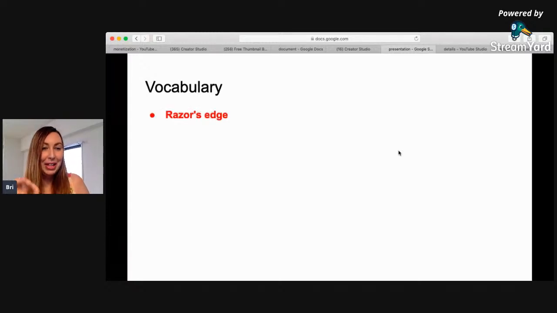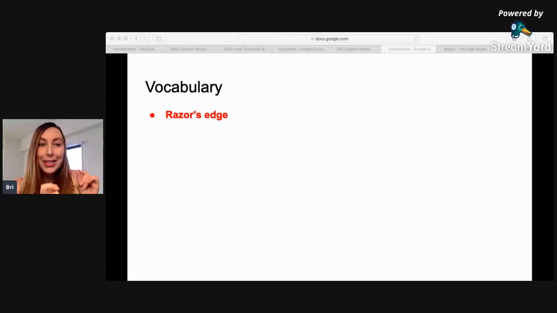The first phrase is razor's edge. They are talking about this a lot in the media right now. If you know what a razor blade is, sometimes people shave with razors. A razor is very, very thin and very, very sharp.